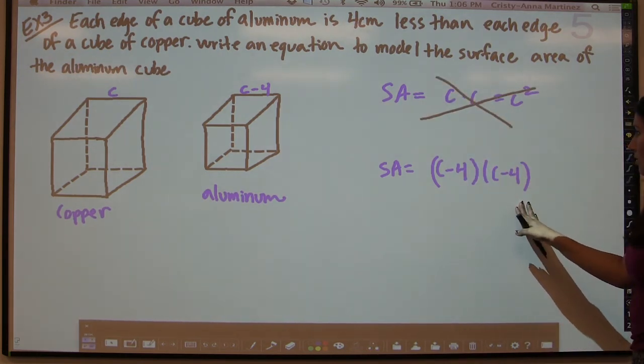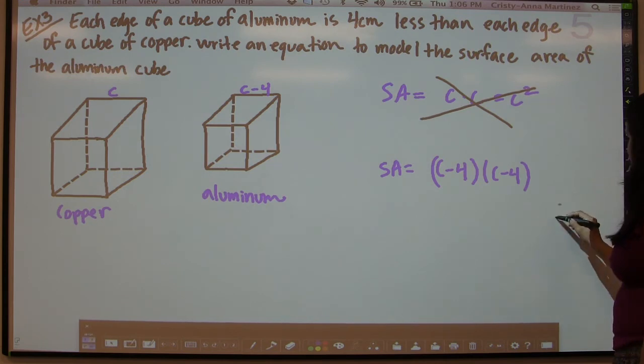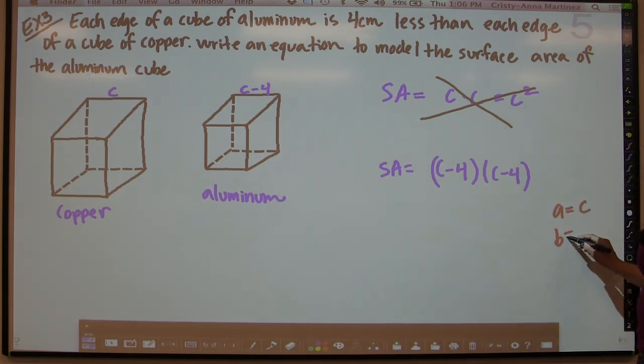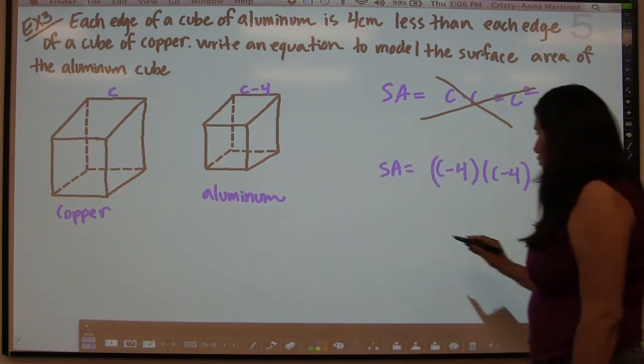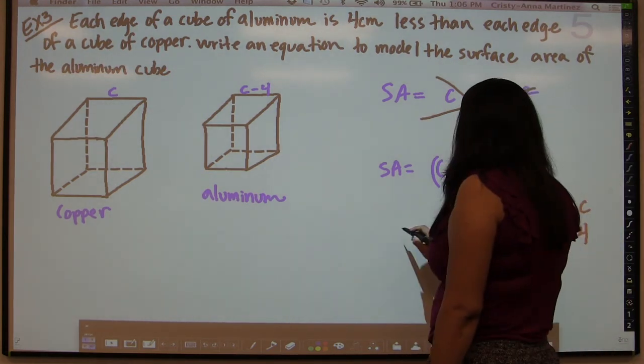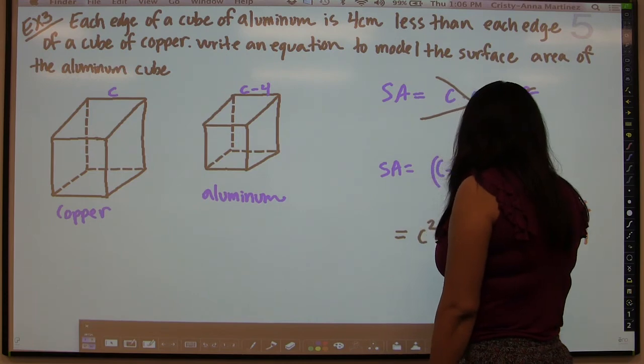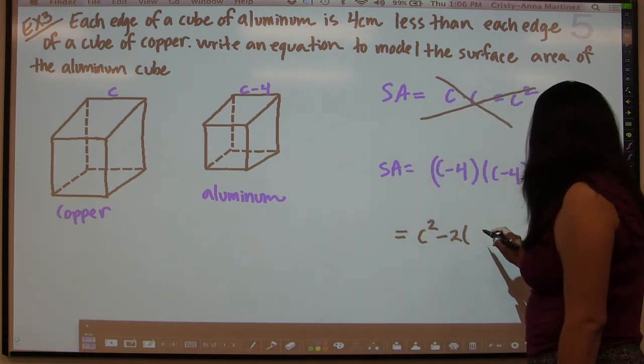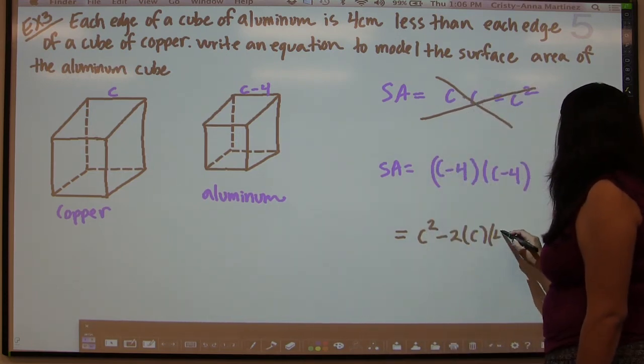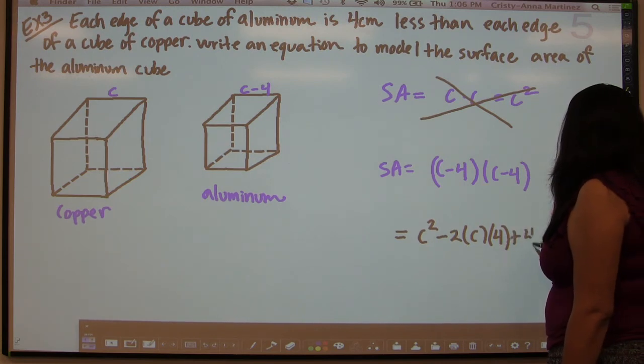So we have our formula here, and we know that A equals C, and that B equals 4. And again, I'm not attaching a negative to the 4, it's just C and 4. So according to our formula, we get A squared, which is C squared, minus 2 times A times B plus B squared.